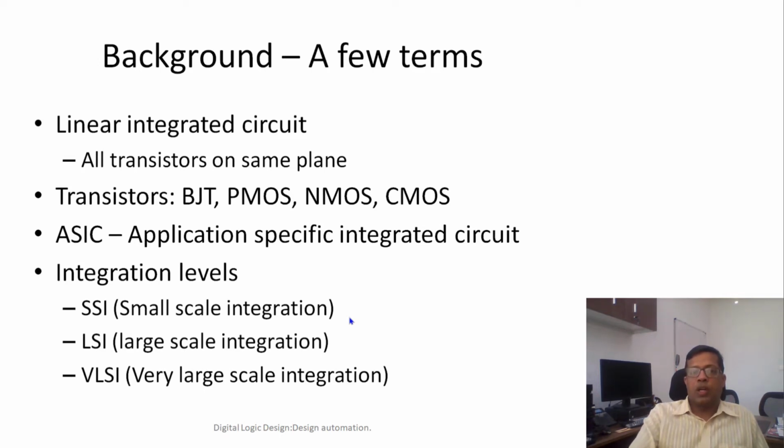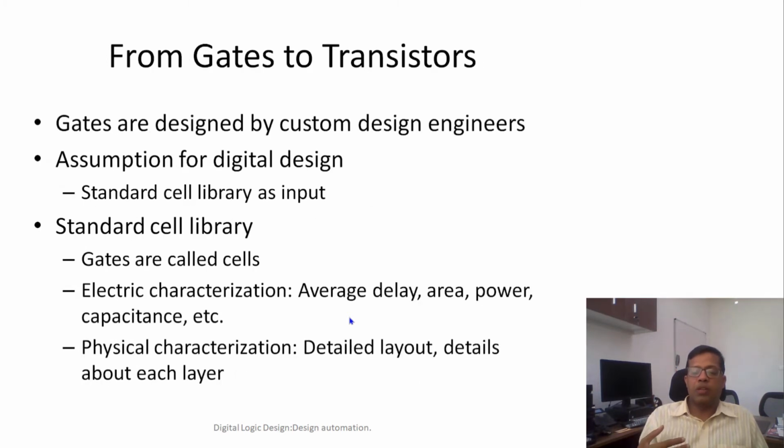Now in this particular course, we were talking only and only about the gates, not the transistors. We were talking about basic gates like AND gate, OR gate and NOT gate, and we also talked about universal gates like NAND gate and NOR gate.